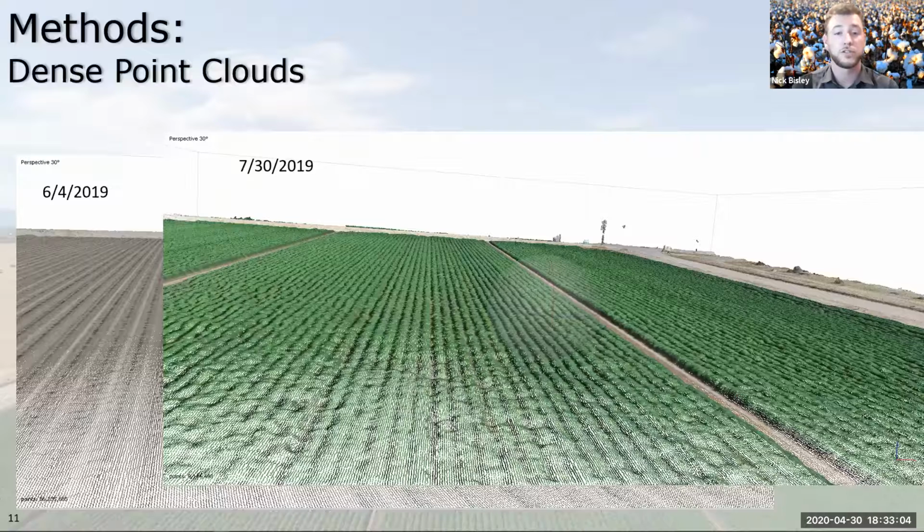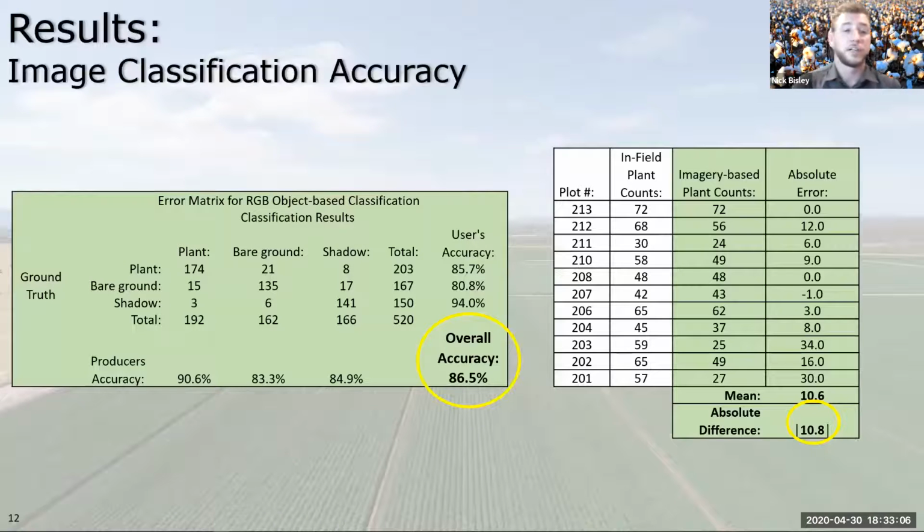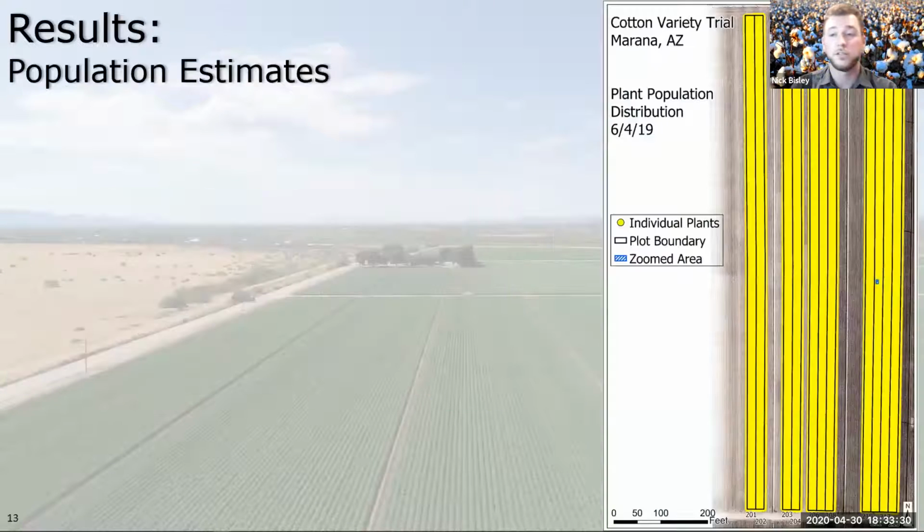So for results, looking at accuracy, here are some image classification accuracy numbers. Overall, the accuracy of the image was 86.5%, which is fairly good. And for the plant counts, we had an absolute error of right below 11 based on infield to imagery-based plant counts. So when you throw all those dots on the field, this is what you get.